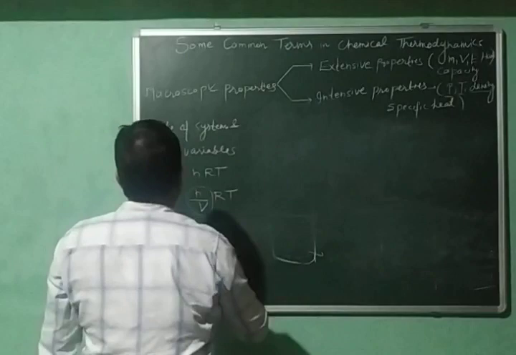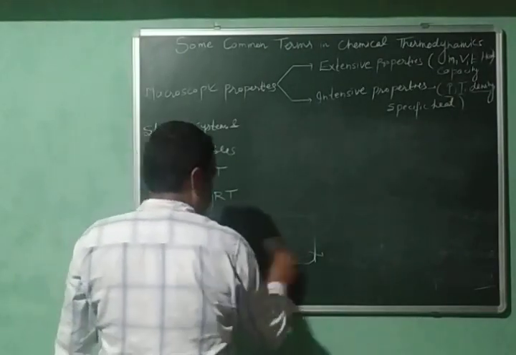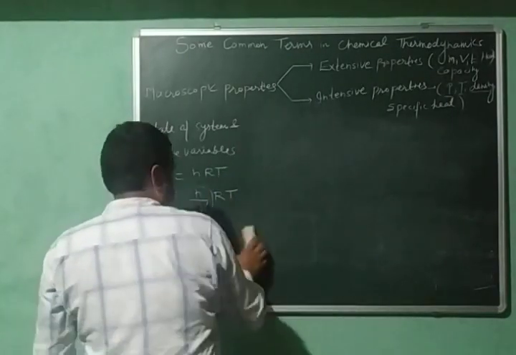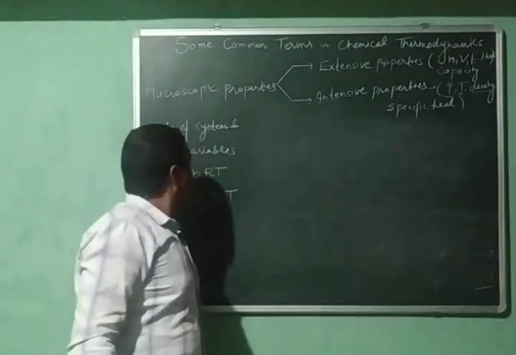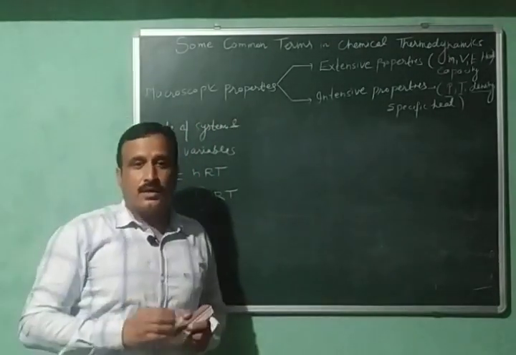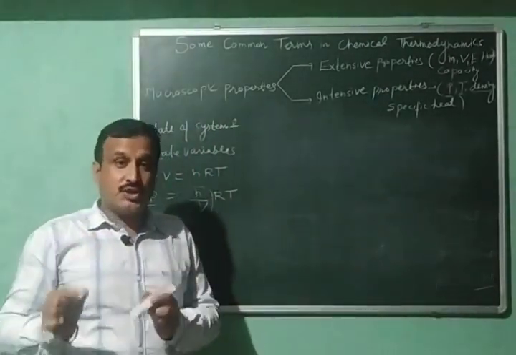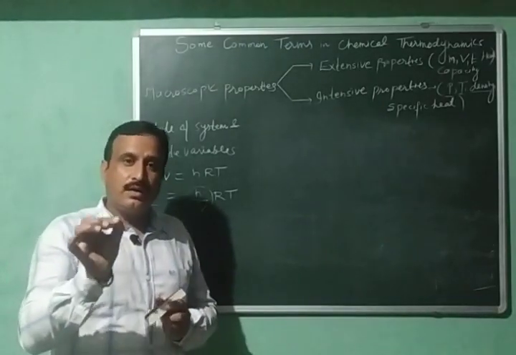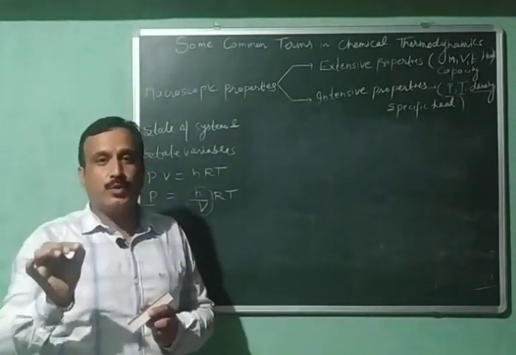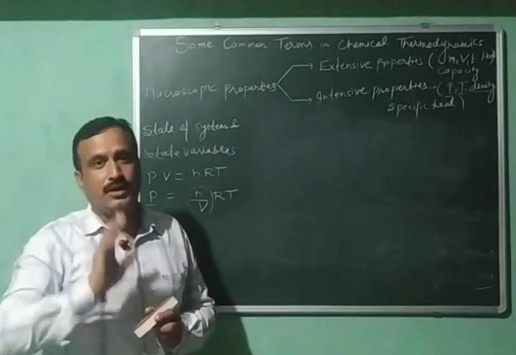Now I am discussing the state of a system. So the state of a system is the condition of the system when its macroscopic properties have definite values.